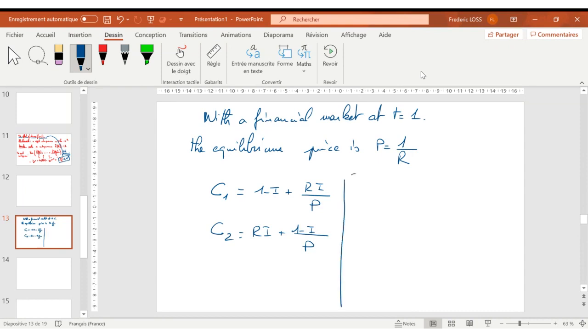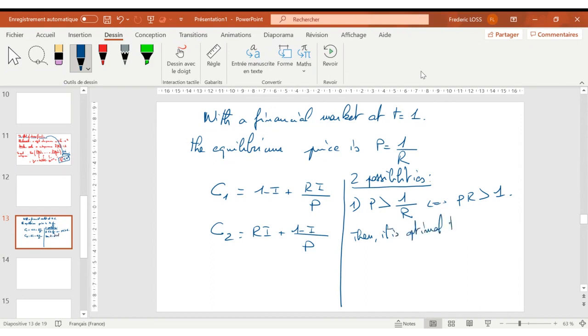So there are two possibilities. First, consider that P is strictly higher than 1 over R. What would you do in this situation? Well, then it is optimal to invest entirely at t equals 0.